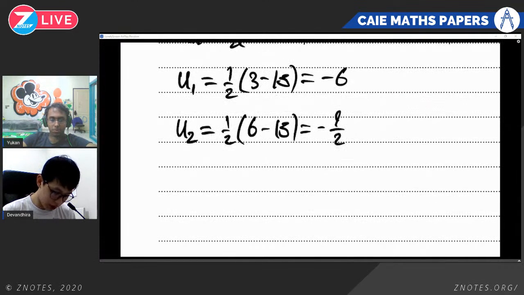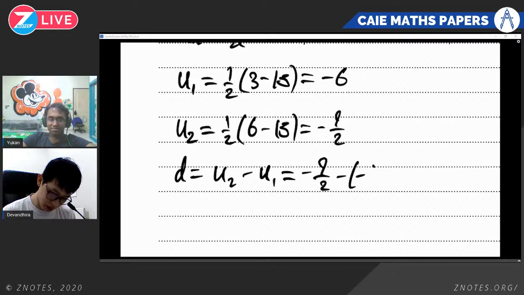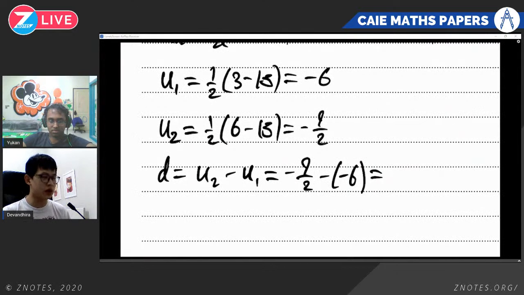In order to get our d, that means d has to be u2 minus u1. That is negative 9 over 2 minus negative 6, which is 6 minus 9 over 2. So that's negative 9 over 2 plus 12 over 2, which is 3 over 2.